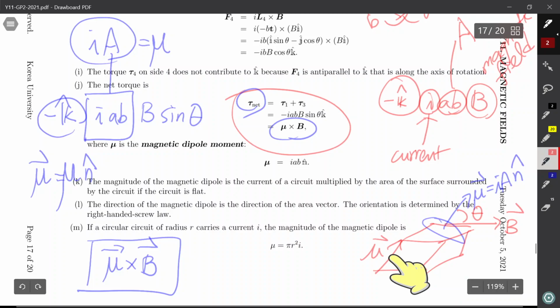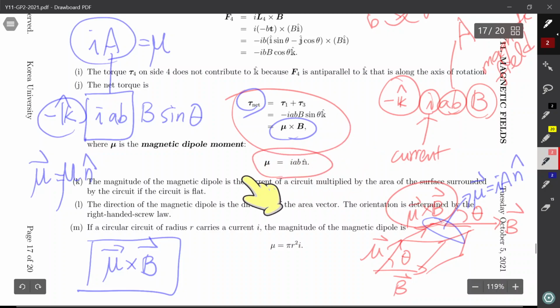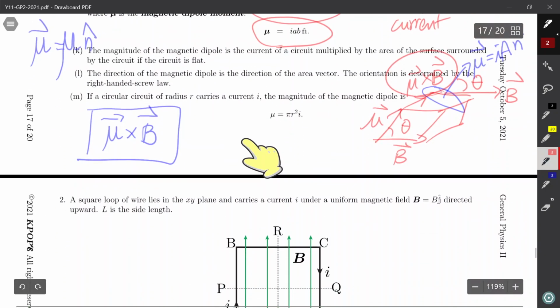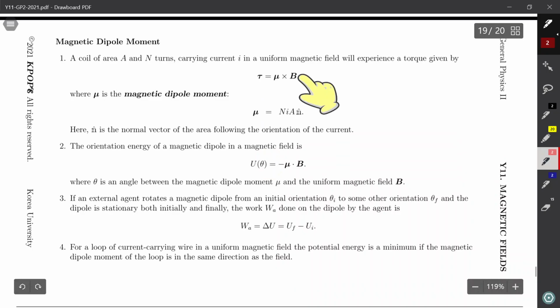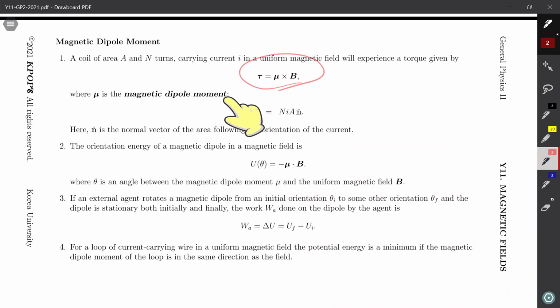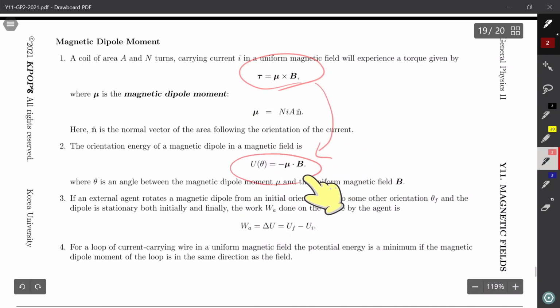This direction is mu cross B. Okay? Because the sine theta appears here, we call mu the magnetic dipole moment. A magnetic dipole moment under a magnetic field feels a torque, and the corresponding potential energy is minus mu dot B.